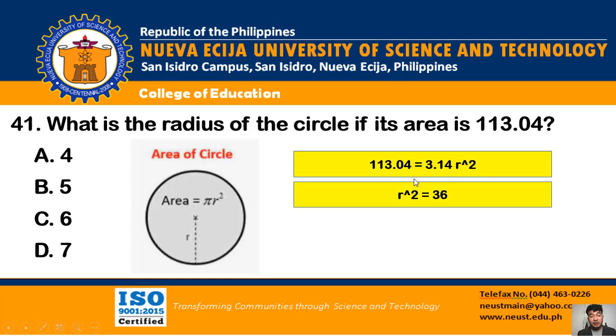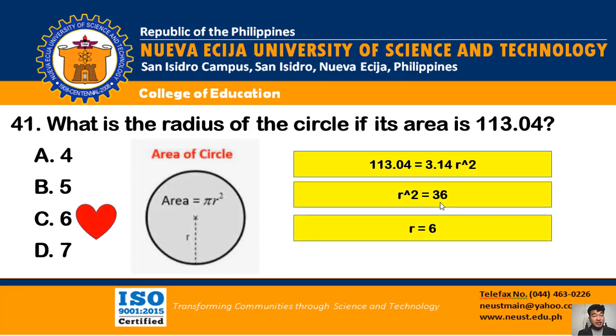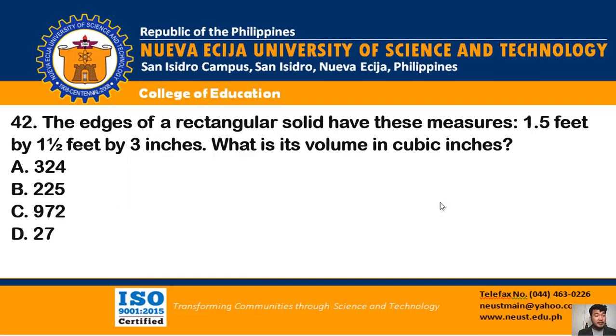So r squared is equal to 36, because 113.04 divided by 3.14 is 36. We get the square root of both sides of the equation, so r is equal to 6. Radius is 6.